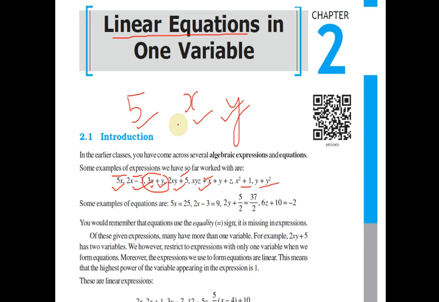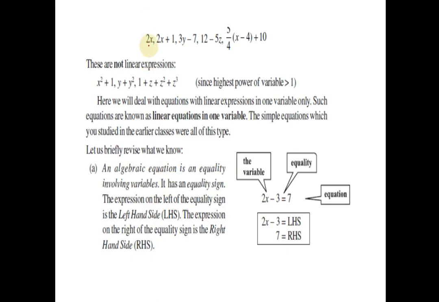So these are the linear expressions. But when you put an equals sign in front of them, they will become a linear equality. So an algebraic equation is an equality involving a variable.